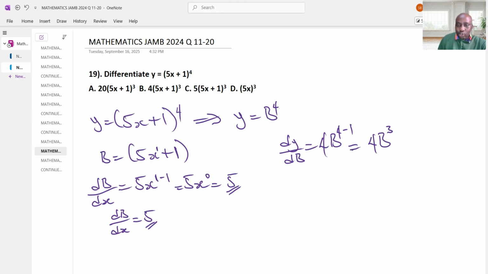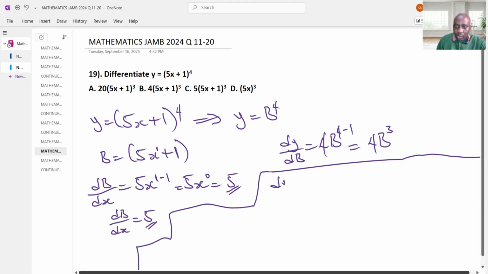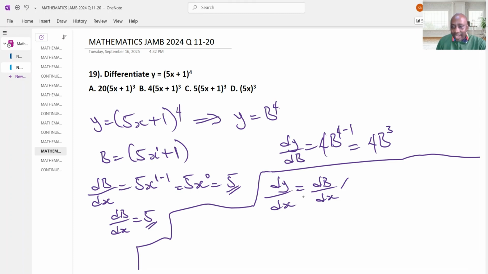Now, to combine the two together, we look for dy/dx. dy/dx equals db/dx multiplied by dy/db.